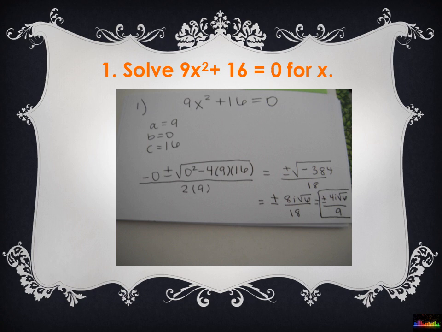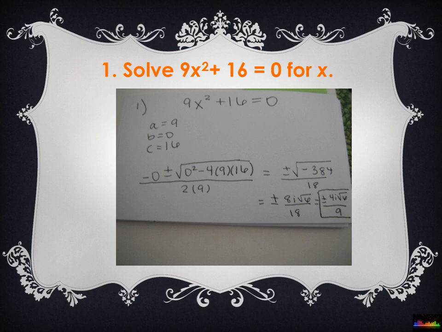The next step is to plug this into the calculator, but what you must do first is plug everything under the square root into the calculator. So plug in 0 squared minus 4 times 9 times 16. We get a negative 384 under the radical sign.